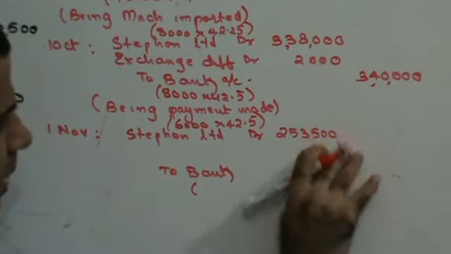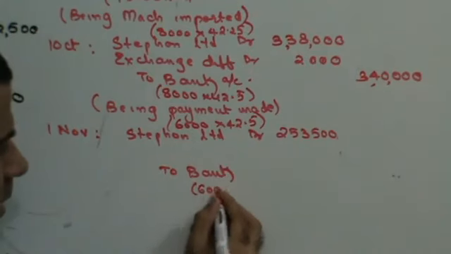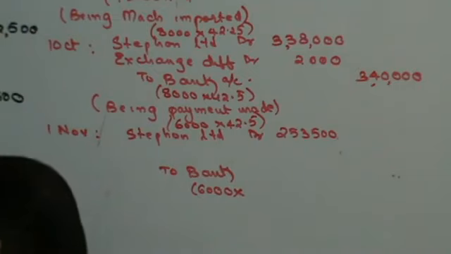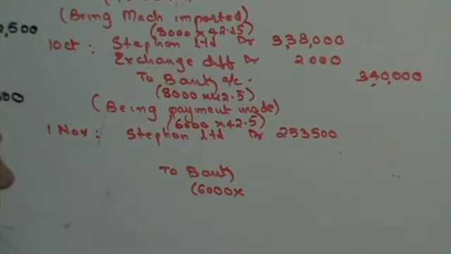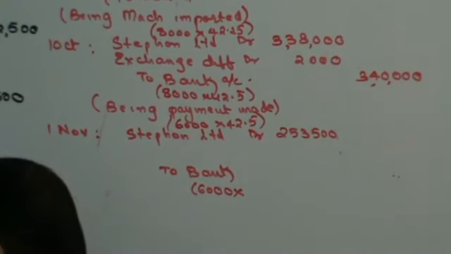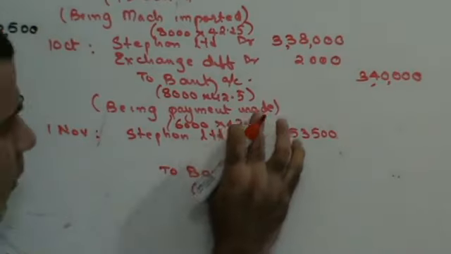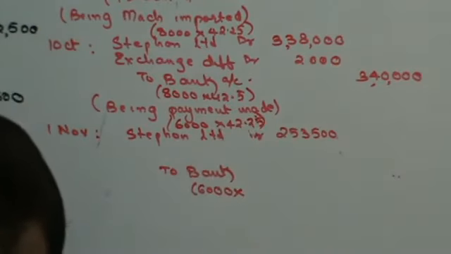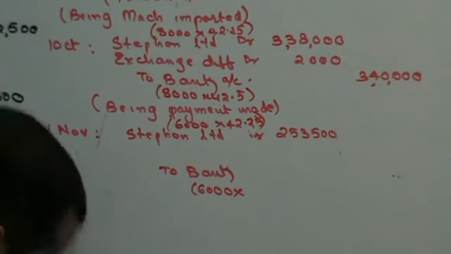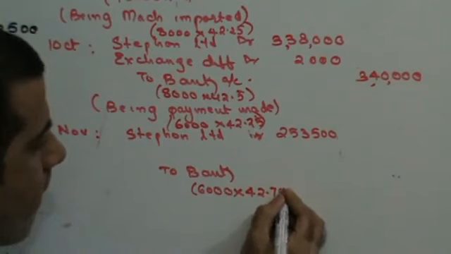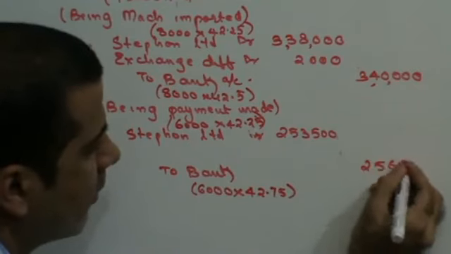And on the date of payment, 1st November, the dollar rate is 42.75. So 6,000 into 42.75 is 2,56,500.